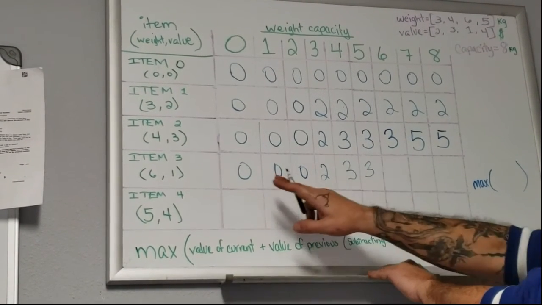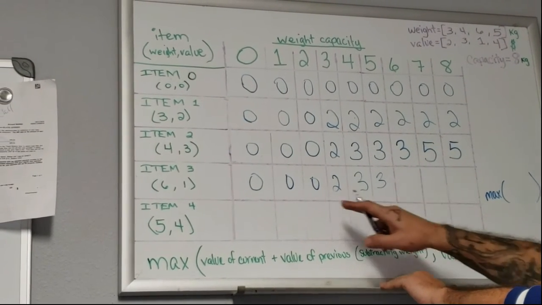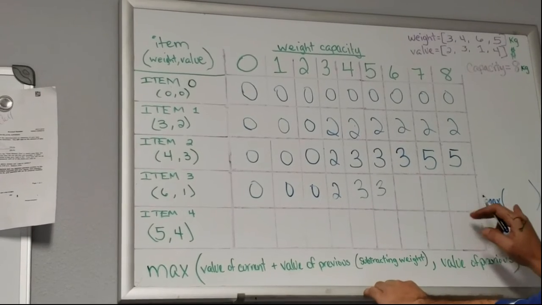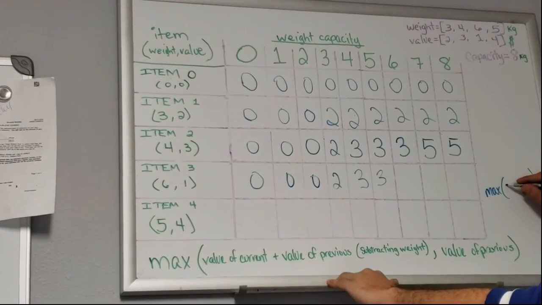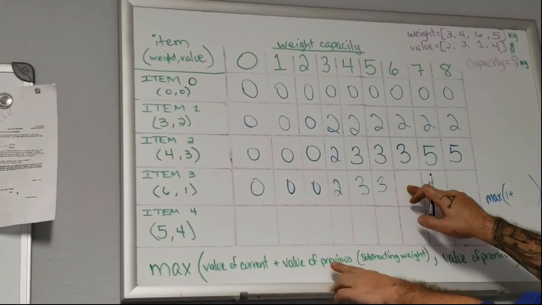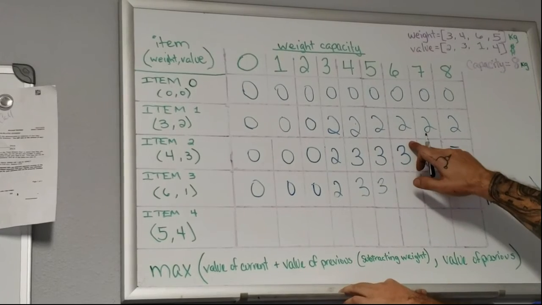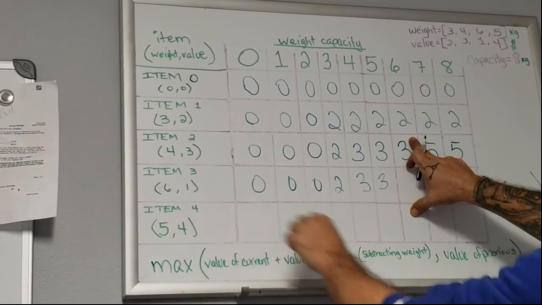So here we're able to fit it in. Let's see what will work here. Using our pseudocode, let's take the value of the current. The value of the current is 1. We're going to add that to the value of the previous. So let's refer to the top row. We're going to subtract 6 because the weight on item 3 is 6.